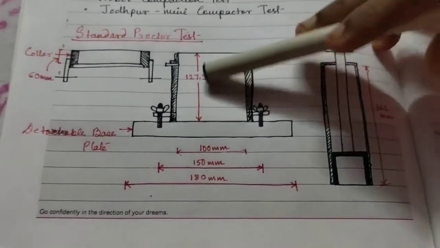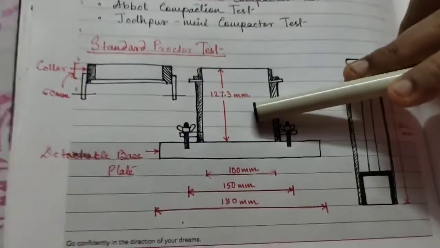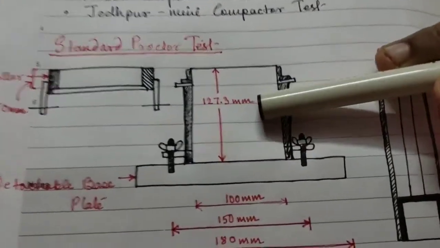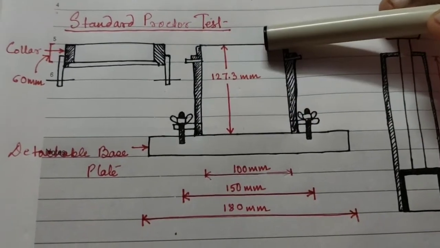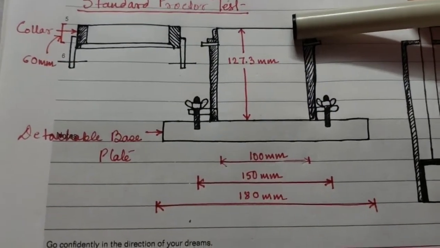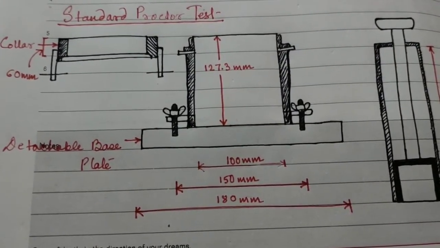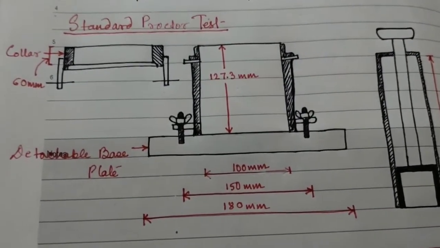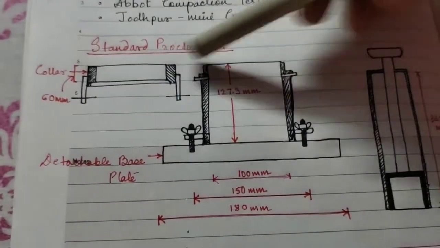Before putting the second installment of soil, the top of the first compacted layer is scratched with the help of any sharp edge. The second and the third layers are similarly compacted. Each layer is given 25 blows. The last compacted layer should not project more than 6 mm into the collar.